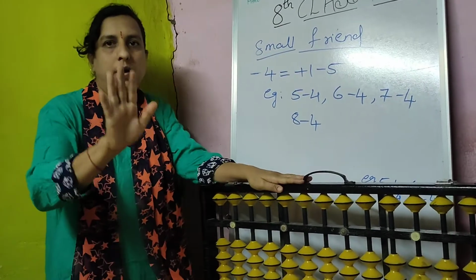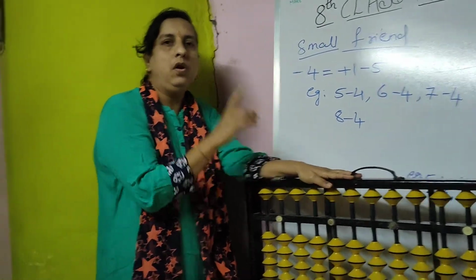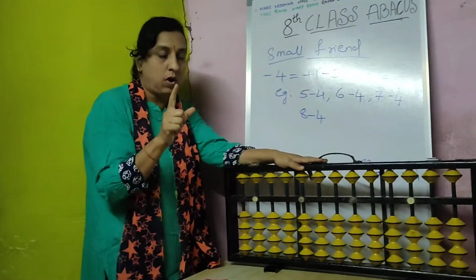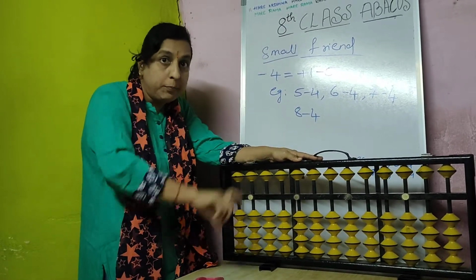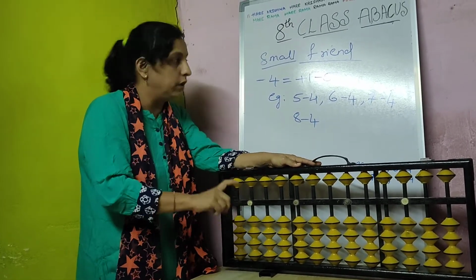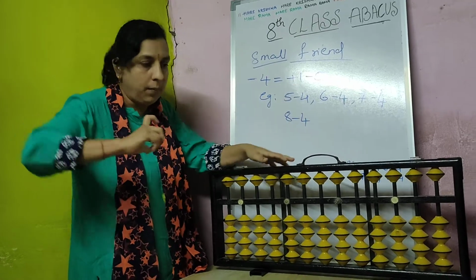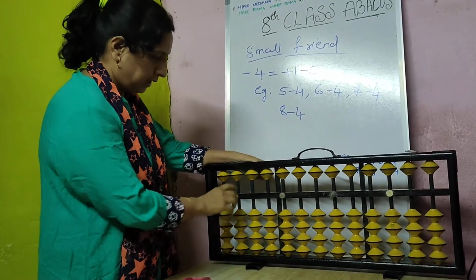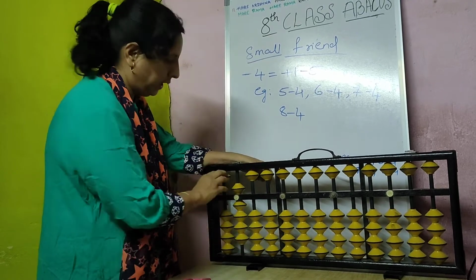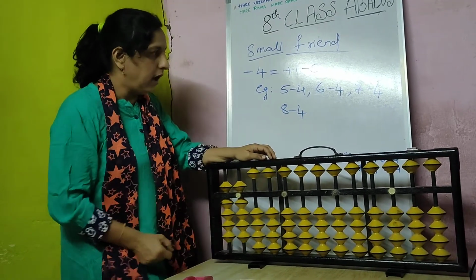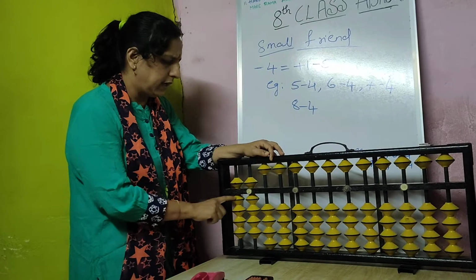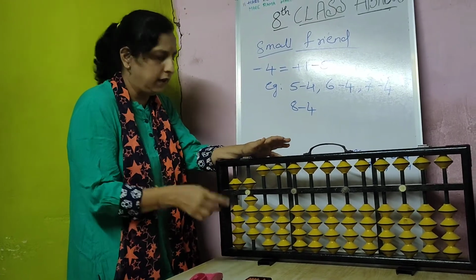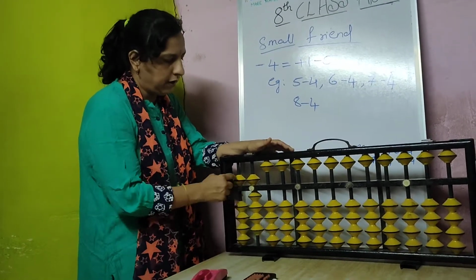To remember this: for plus small friend formulas, your hand movement was from up to down. Now your hand movement will go from down to up. Listen here. Whenever there is 9, how to do minus 4? So simple. 9 chocolates are there, 4 chocolates I will eat, 5 chocolates will remain.